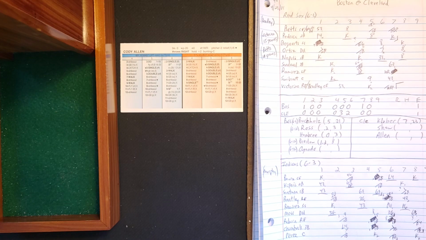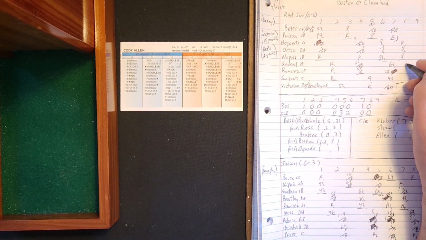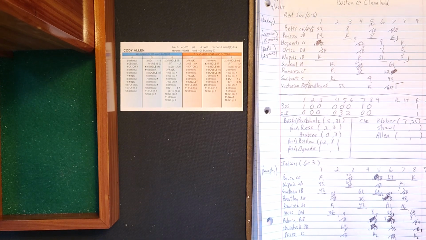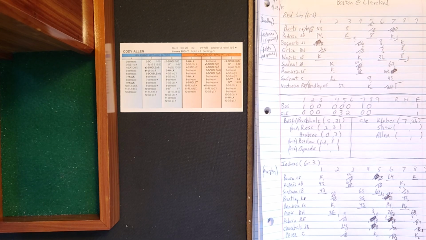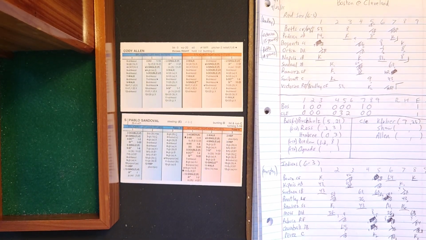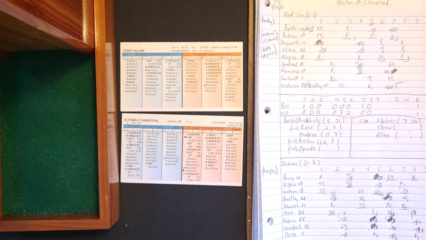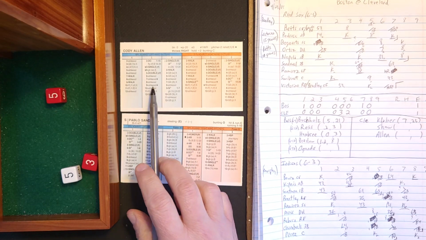For Cleveland, Cody Allen is a 0. He cannot get hurt. And he'll be facing Sandoval, Ramirez, and Swihart. And really the only good hitter on the bench is Brock Holt, if you want to call him a good hitter. But the Panda will start things off against Cody Allen. 5-8, and he struck him out.